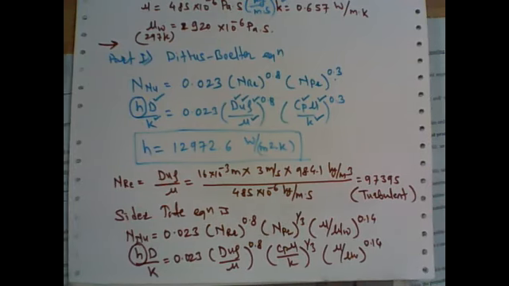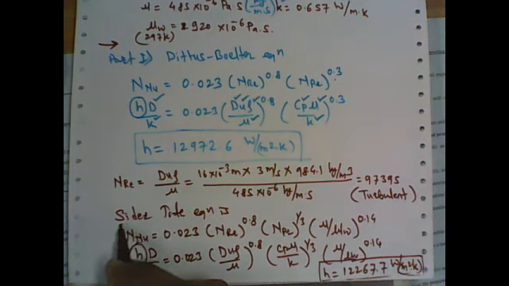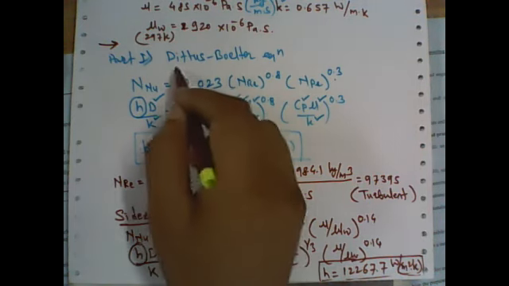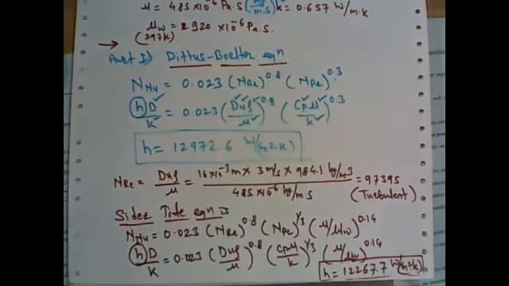After the calculations, this value is near about 12267.7 watt per meter square Kelvin. So this is the value of h on the basis of the Sieder-Tate equation, 12267, and this is the value of h, 12972, on the basis of the Dittus-Boelter equation, right?